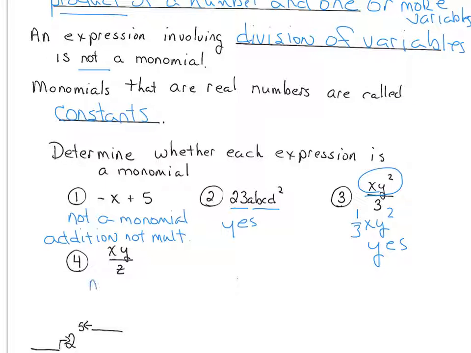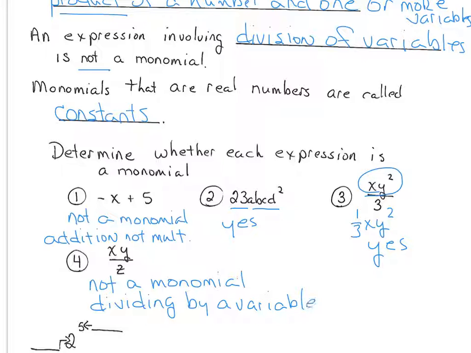Number 4 is not a monomial because we are dividing by a variable. So that's how you can tell if you have a monomial expression or not. Monomial, mono means one.